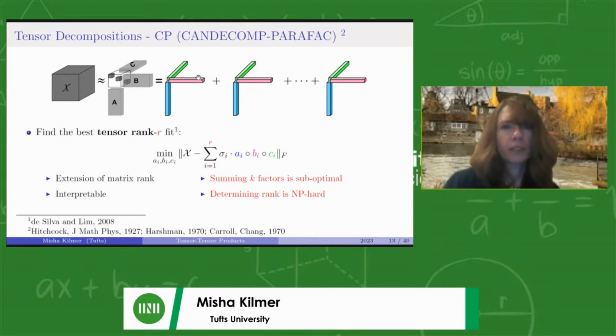These little chicken feet here are individually identified as rank 1 tensors. And so the idea is trying to find an approximation to the tensor X, which can be expressed as R of these rank 1 tensors.